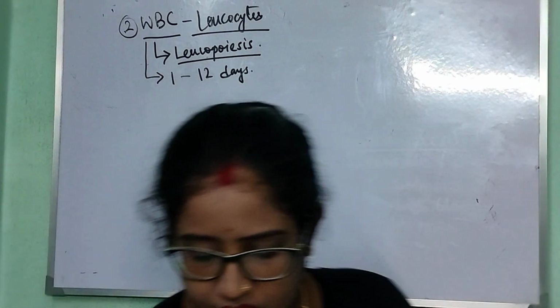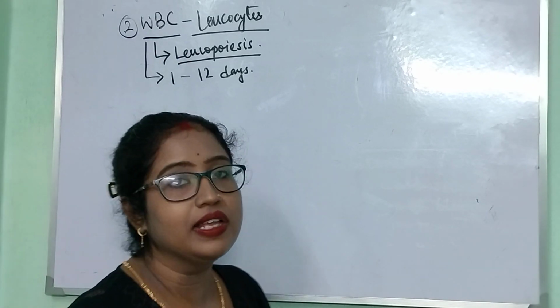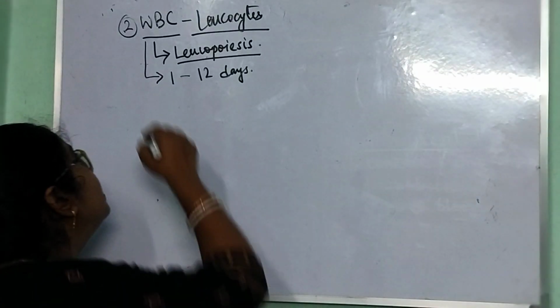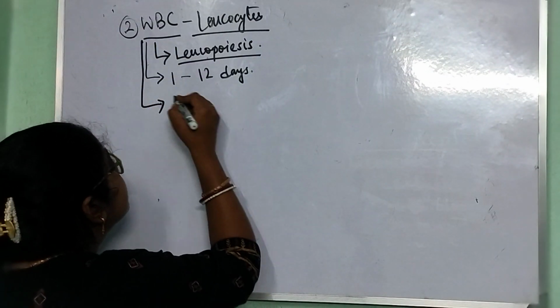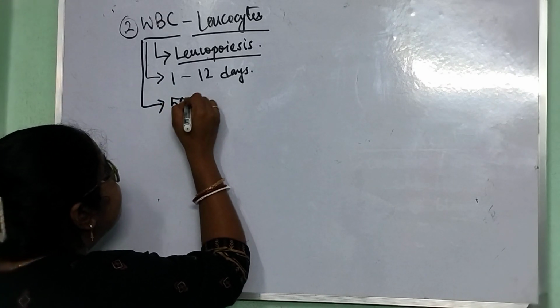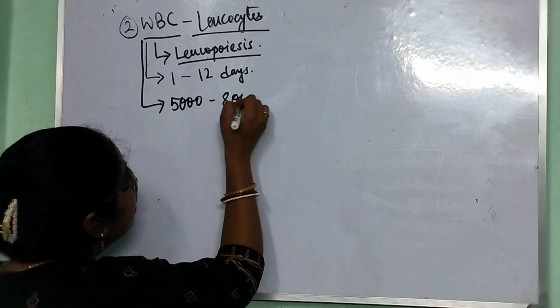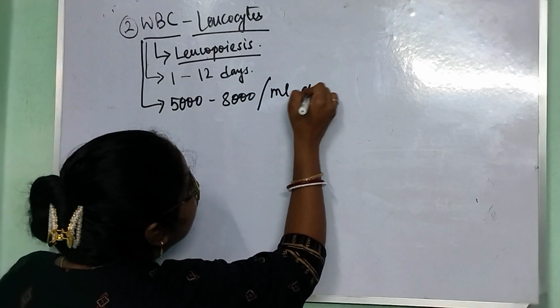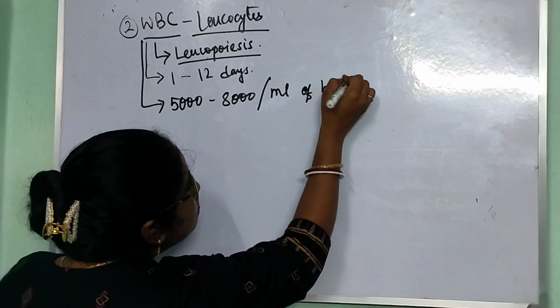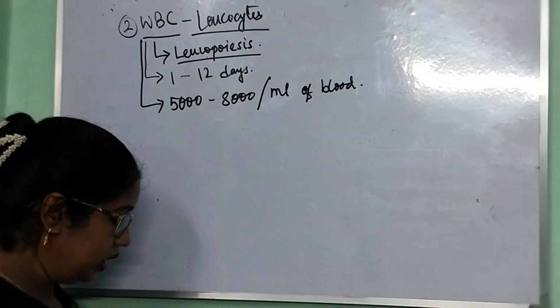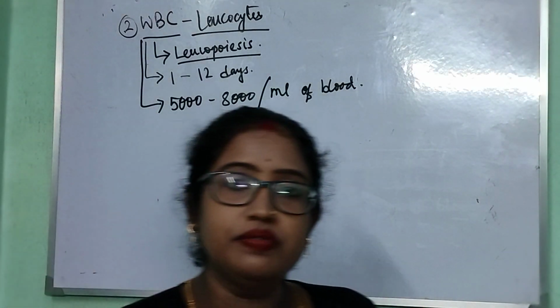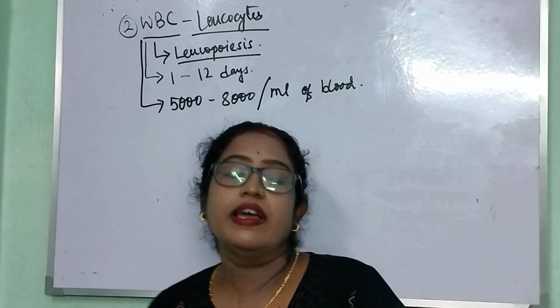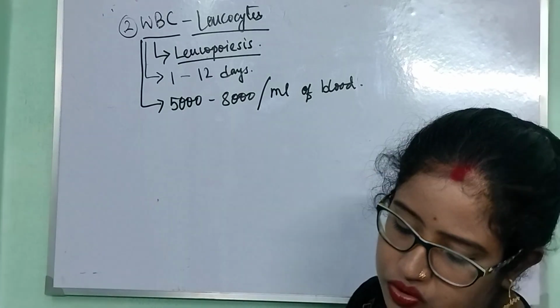The normal range of WBC in adult human is between 5,000 to 8,000 per ml of blood. So per ml of blood, the total amount of all types of WBCs is 5,000 to 8,000.